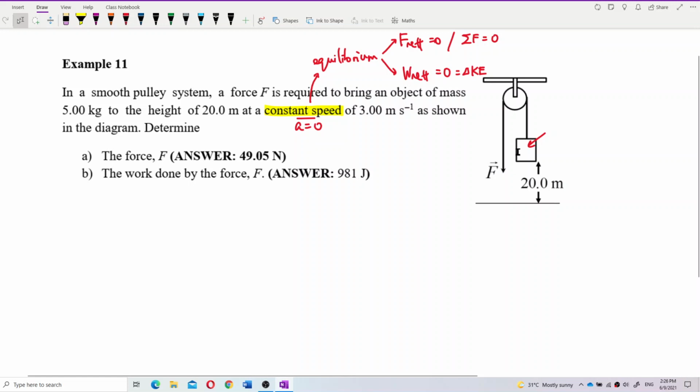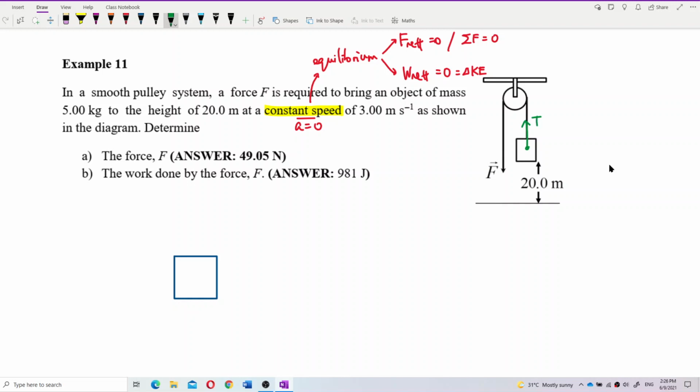Now, we should draw a free body diagram for the block. Let's draw the free body diagram. First, we identify what kind of force exists for this block. It has the force F here going down. So actually, this block has the tension going up, isn't it?